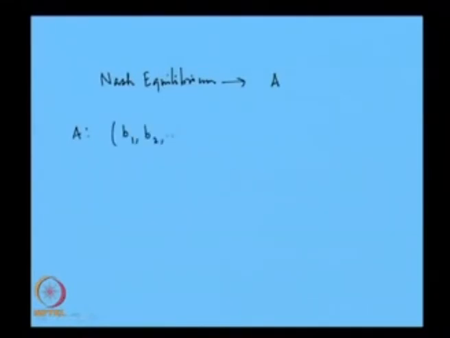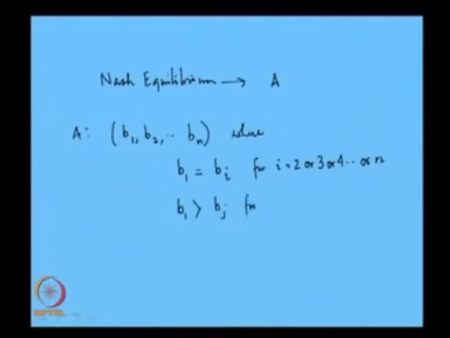A will be specifying an action profile where the bids are, suppose, B1, B2, up to Bn, where B1 is equal to Bi for i equal to 2 or 3 or 4 etc., or n, and B1 is greater than Bj for j not equal to i.